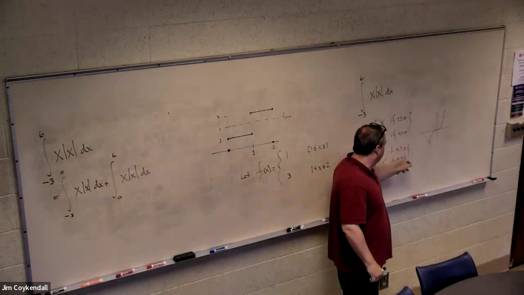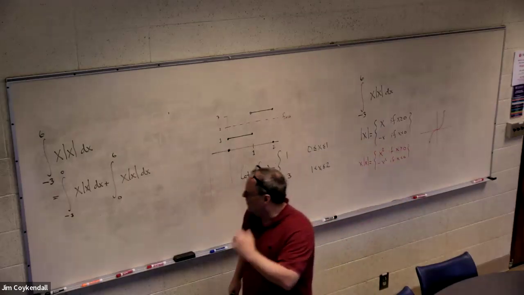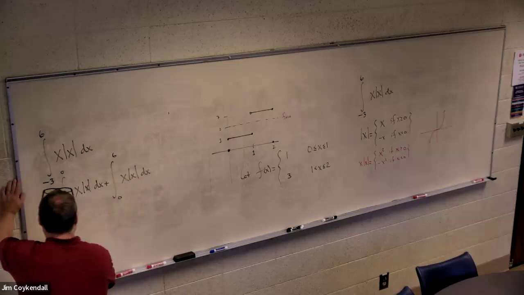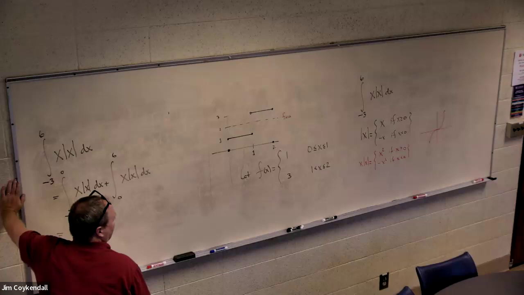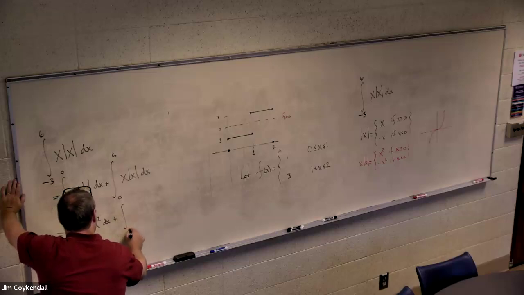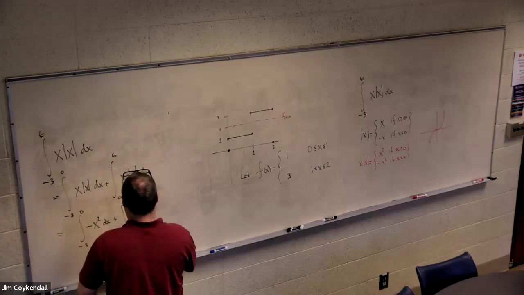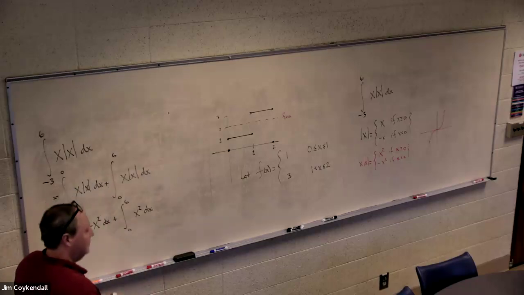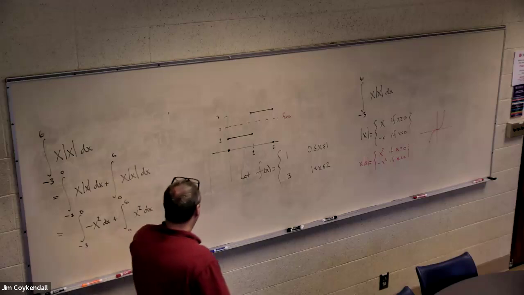Because 0 is the point where I've got different rules. So from -3 to 0, my rule looks like it's going to be minus x squared. Integral from 0 to 6, the rule here is x squared. Okay so far?